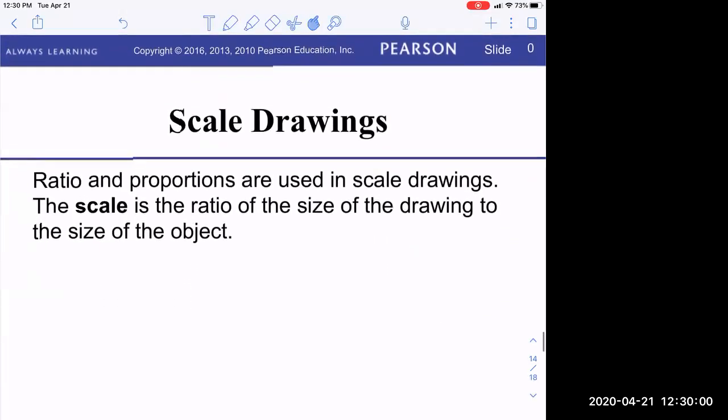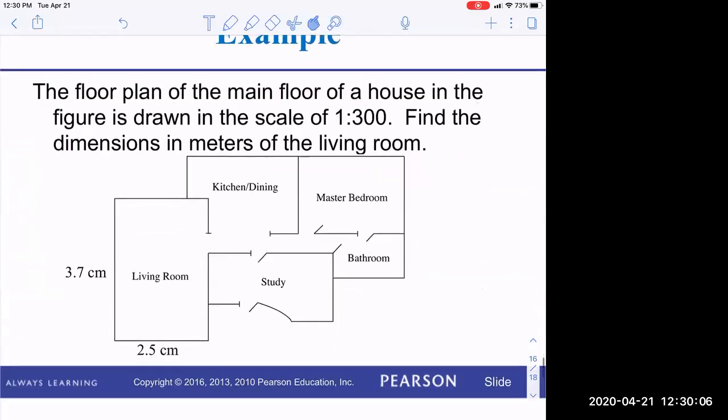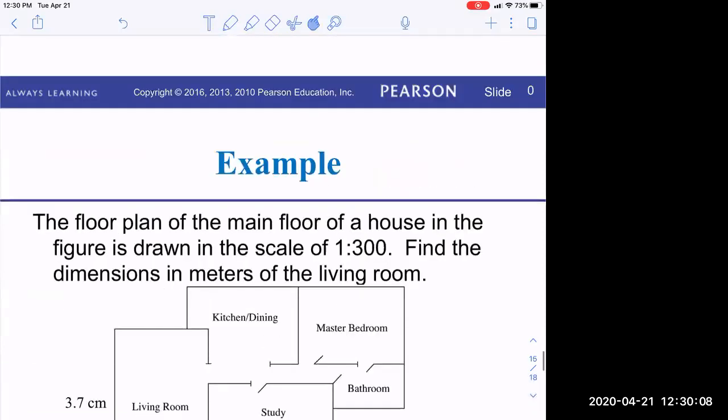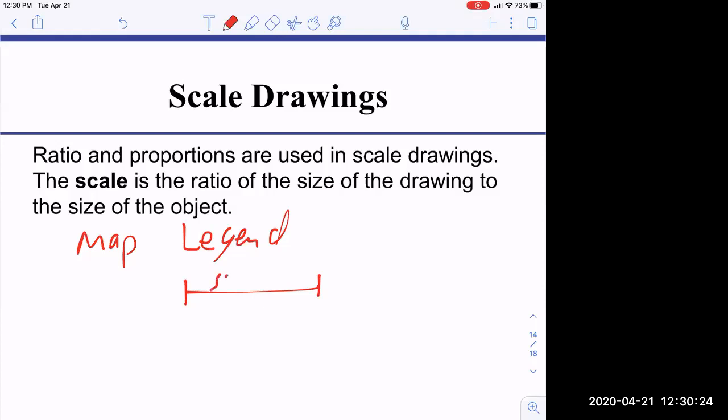I'm not going to do scale drawings so much. You've seen them, and you can go through this, but what I will show you is a lot of times on a map, you have a legend. And on your map, it'll be like this. Maybe like 30 miles, and it'll be like 1 inch.